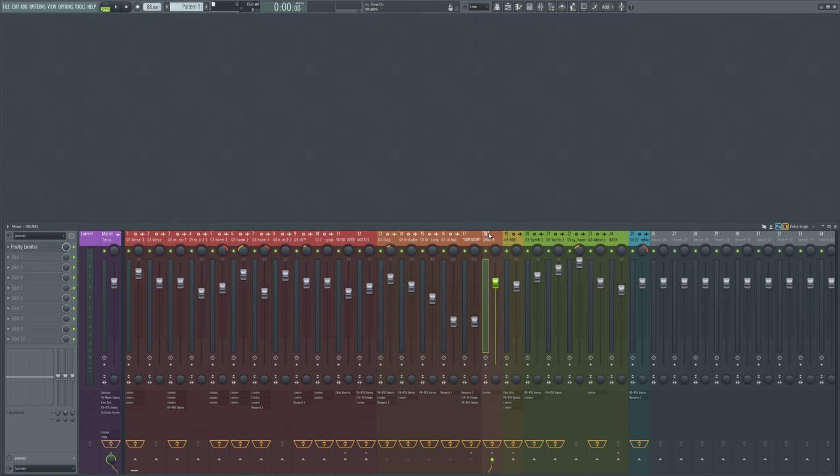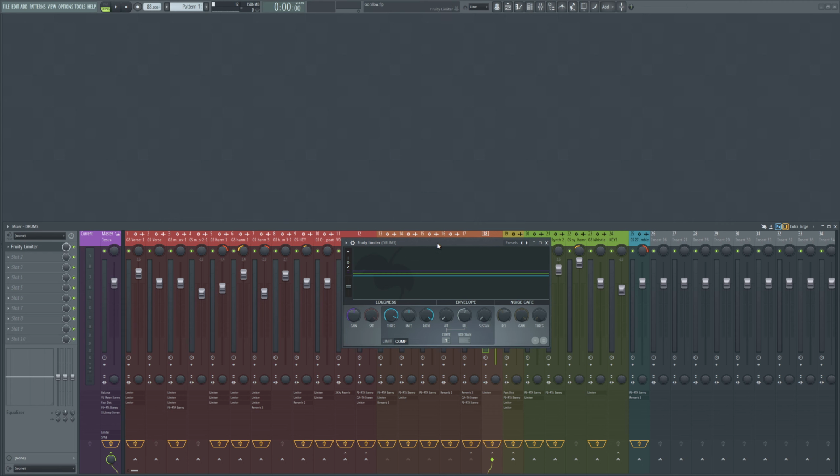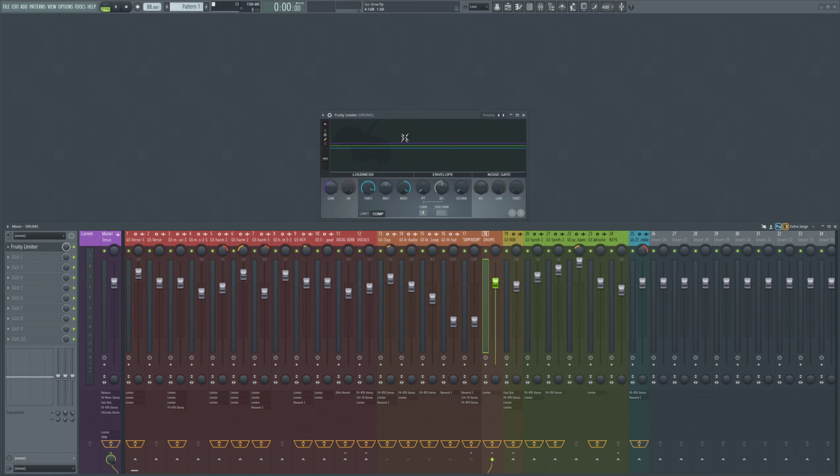All right, moving on to the drum bus, we have our good old limiter, our compressor here. It's only doing 1.4 decibels of compression, and it also has this makeup gain of 1.4 decibels. Also over here, threshold is at negative 1.4 decibels.